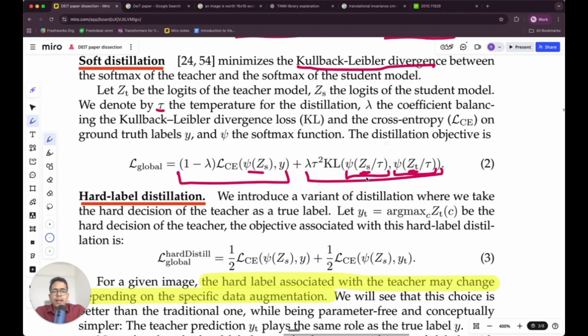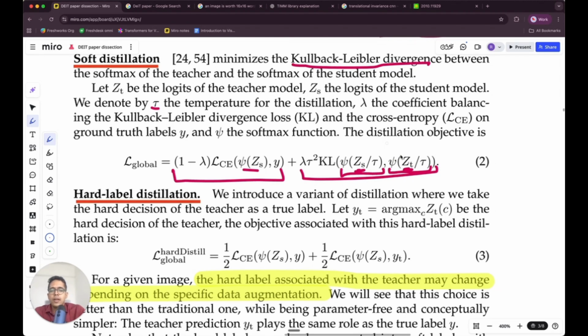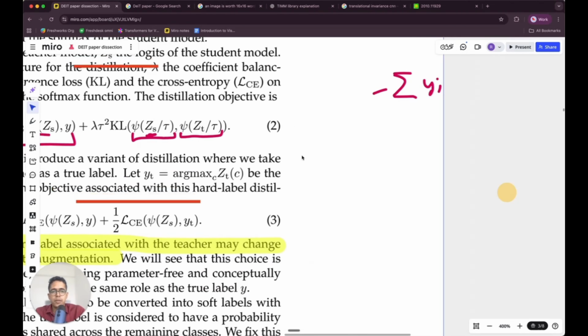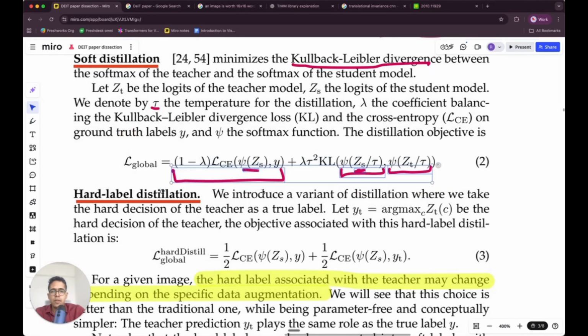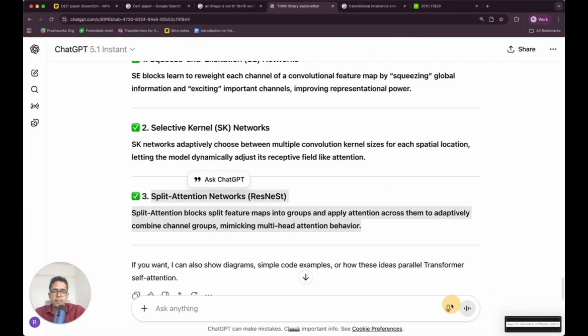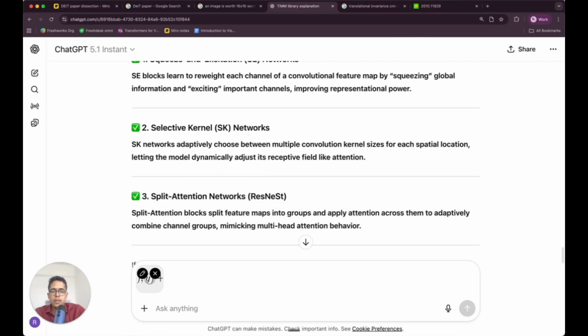And then this KL divergence score is an interesting formula. Instead of writing it, I will make ChatGPT display the formula. First, let me just clean this up. So this is the KL divergence. Give me the loss formula here.